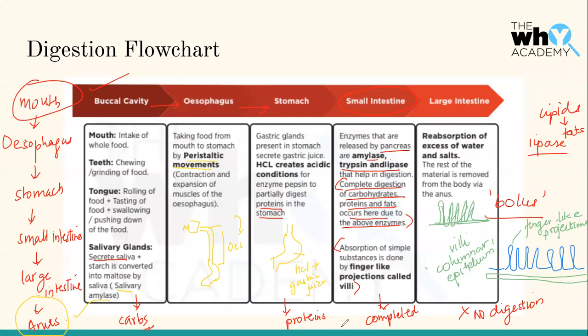Because I was asking, that forms the border. So how does it help? How does the villi help? How do the enterocytes that form the border of the villi make a difference?